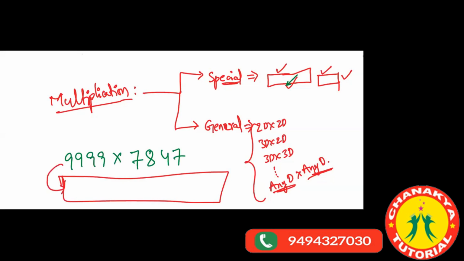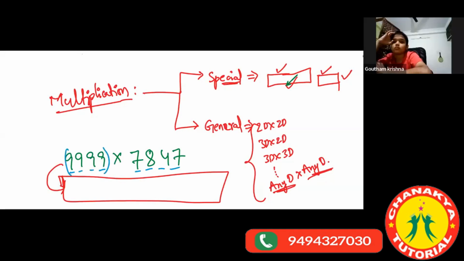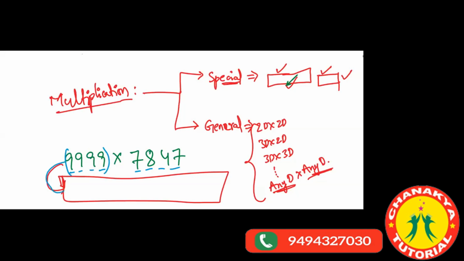What is the situation here? The number of digits is 4 and the number of 9s is 4. So we are going to multiply by a number which is a series of 9s. If a series of 9s is given, what to do? I'll explain that, and you can apply that technique directly to get the answer.